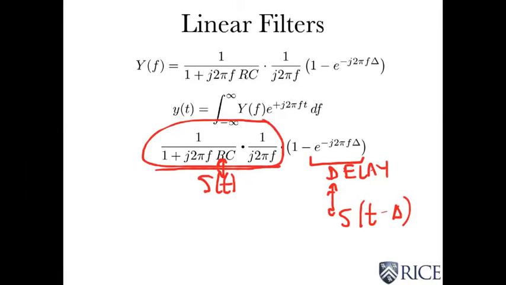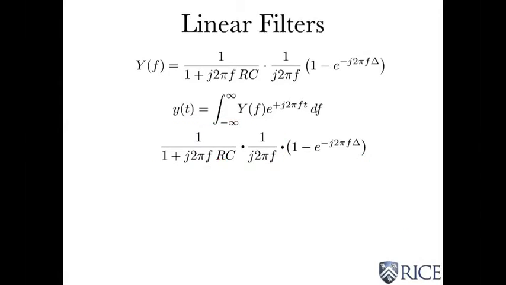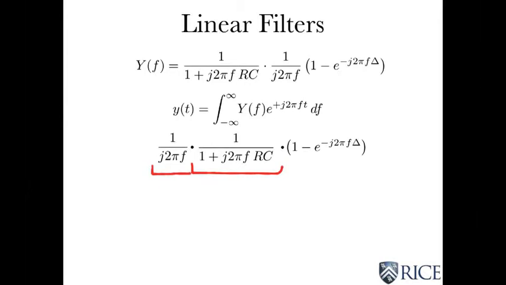Okay. To do that, I'm going to reorder things, just a little change to make it a little bit clearer. And what this looks like to me is I have some spectrum multiplied by 1 over j2 pi f. Well, that means integrate. What's this spectrum?